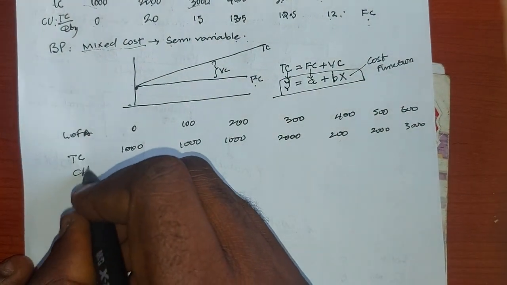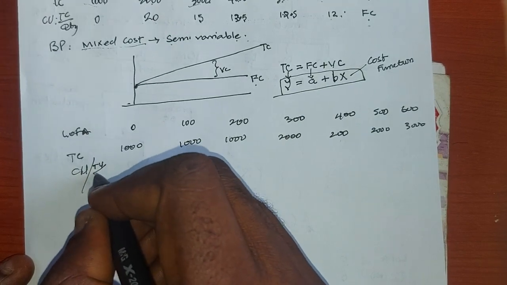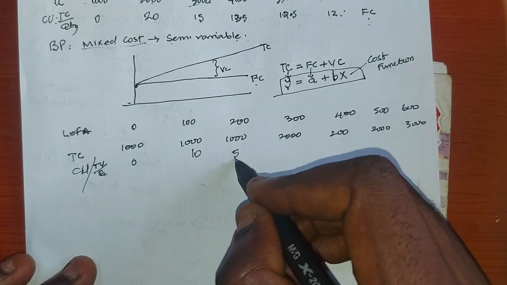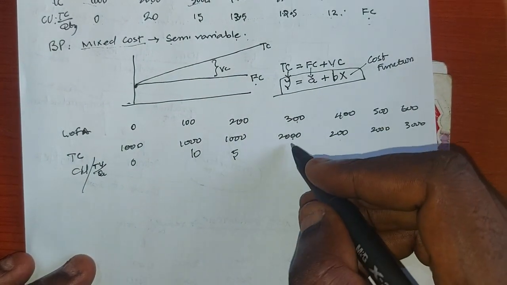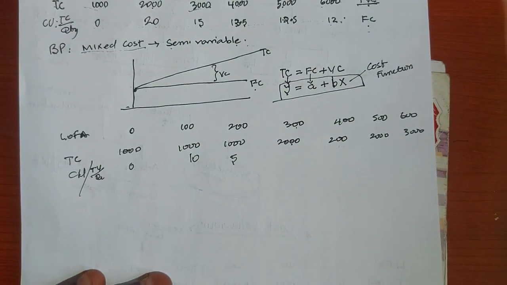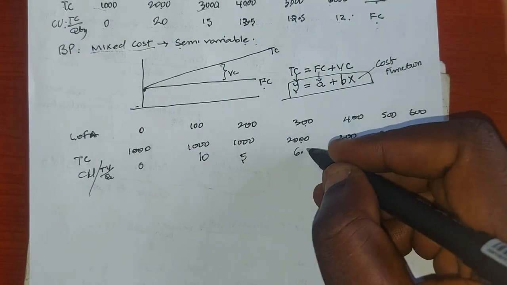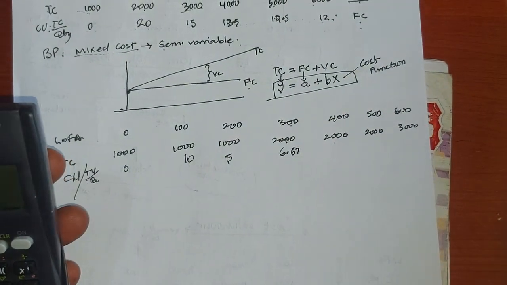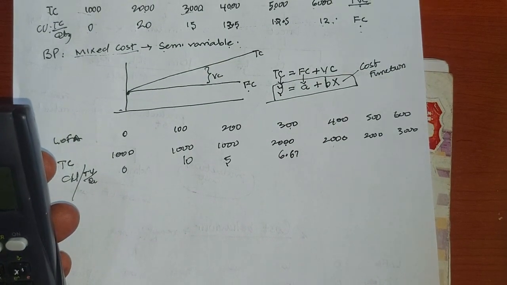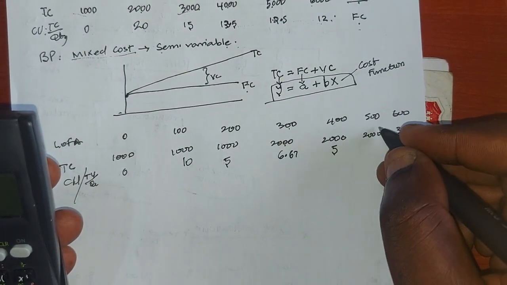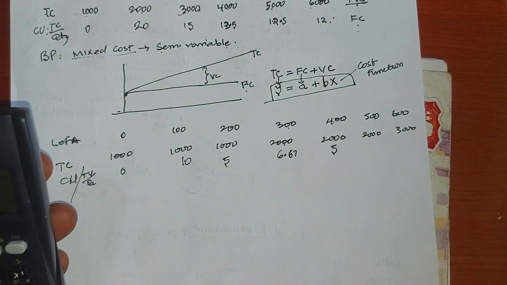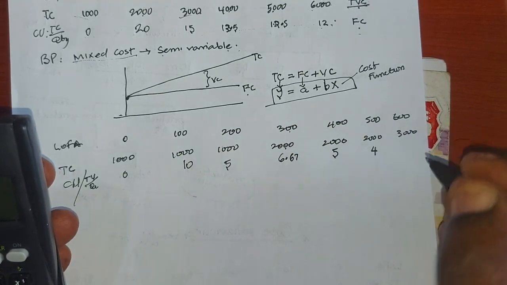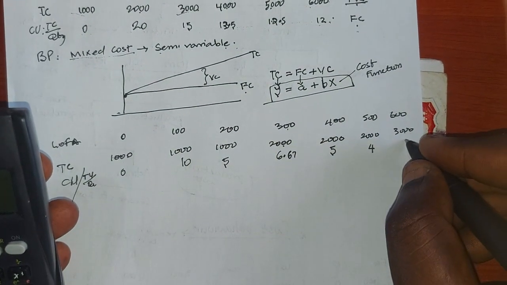Then your cost per unit, don't forget, is total cost divided by quantity. This is 0, this is 10, this is 5, then 6.67. Then 2,000 divided by 400, that's 5. Then 2,000 divided by 5, that's 5. This is 4, and this one is 5.